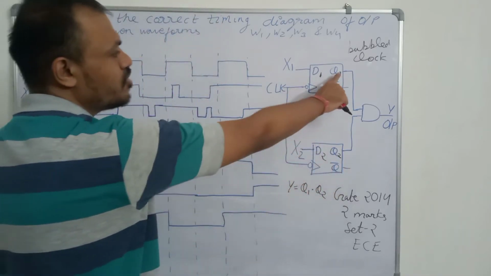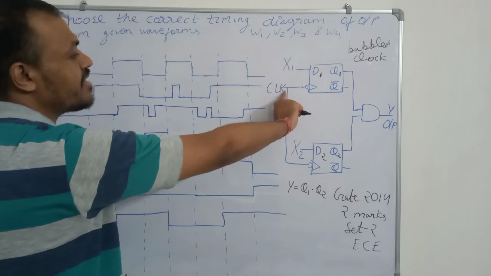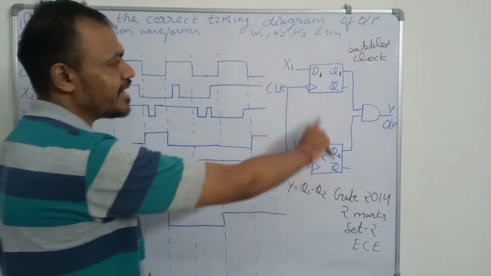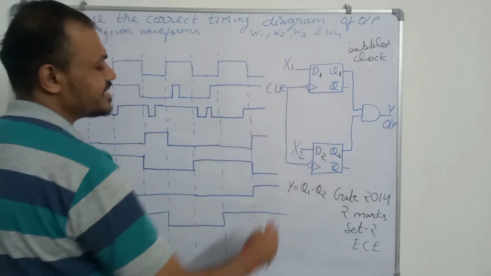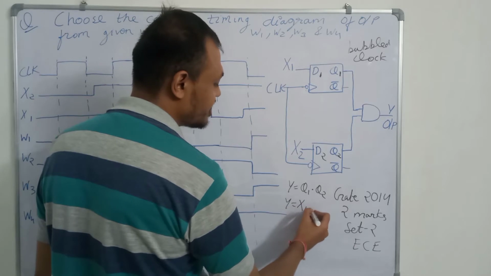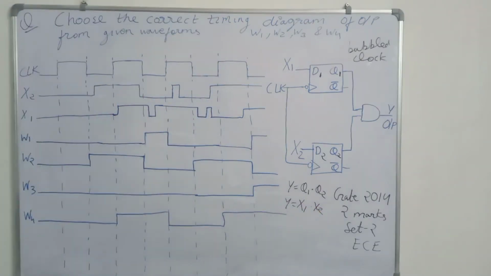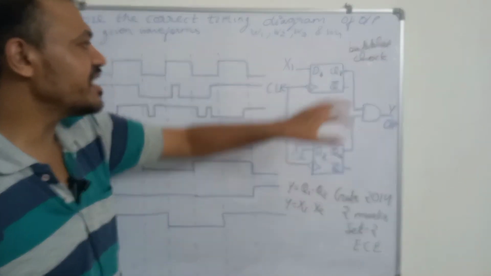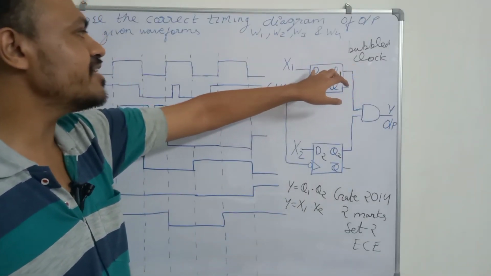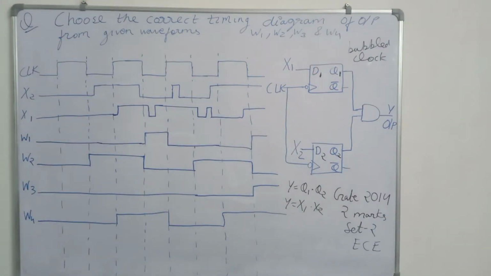Q1 will be equal to D1 when the clock edge is applied, and Q2 will be equal to D2 when the clock edge is applied, and D1 and D2 are the same as x1 and x2. So Y will be equal to the ANDing of x1 and x2. This is the logic for Y, because the output of a D flip-flop is equal to its input on application of the clock pulse.